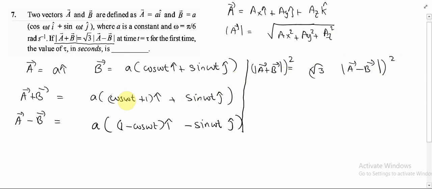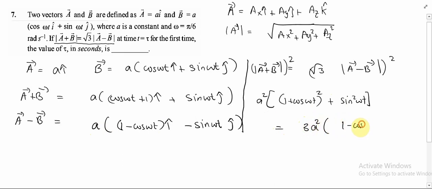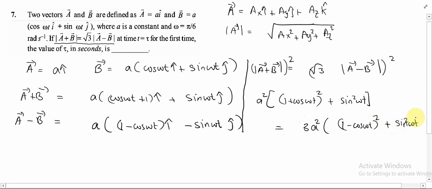Here there is no z component, so we have to just square the components of x and y, so this will be a square into (1 plus cos omega t) whole square plus sin square omega t is equal to root 3 square will be 3 into, so here also a is common, so we can take a outside, so 3a square into (1 minus cos omega t) whole square plus sin square omega t, since minus squared will be plus.